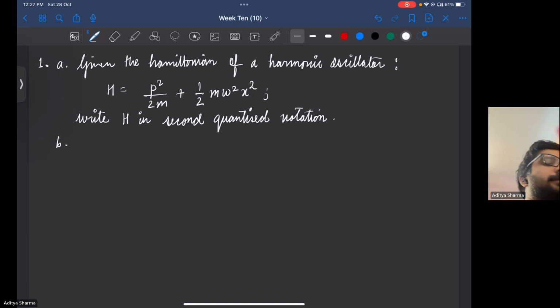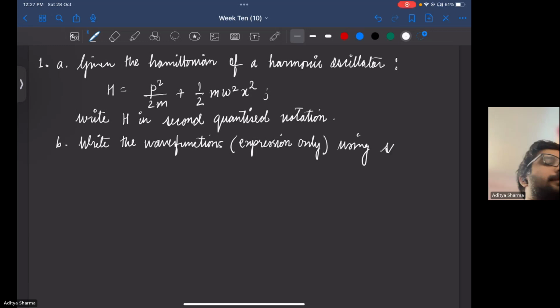And to write the wave functions. So this is the first question.